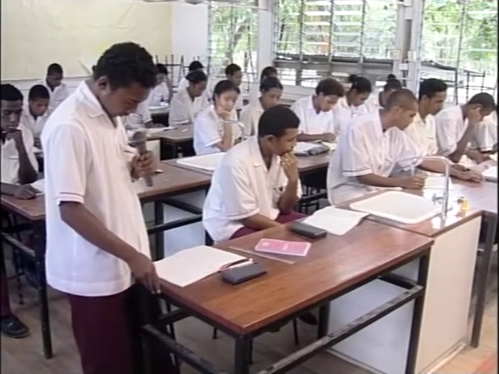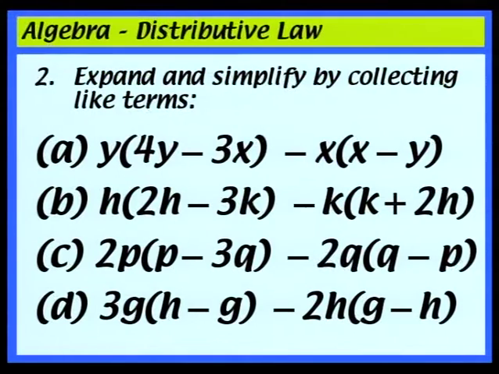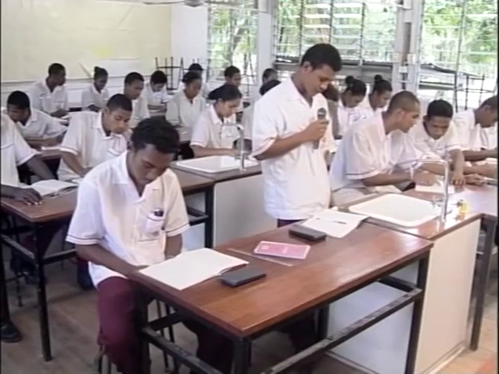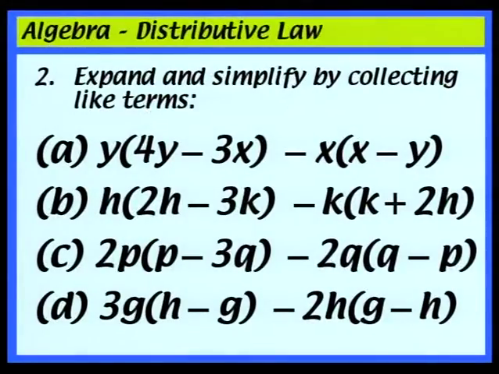4y squared minus 2xy minus x squared. Or is it just 4y? 4y squared minus 2xy minus x squared. Okay, 4y squared minus 2xy minus x squared. Letter B, Kyle? 2h squared minus hk minus k squared.